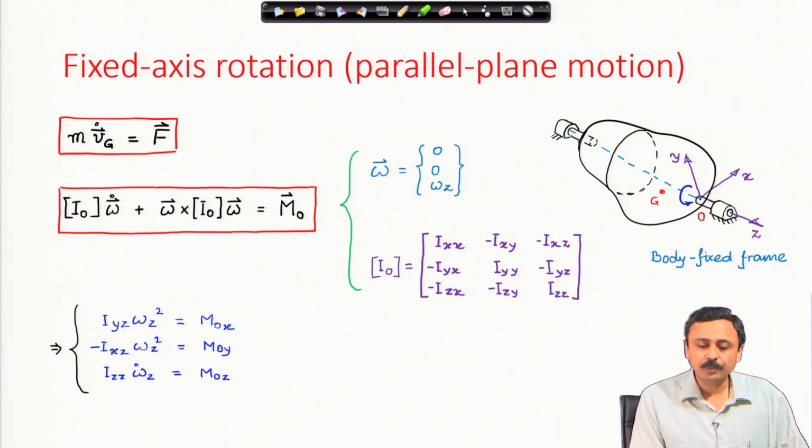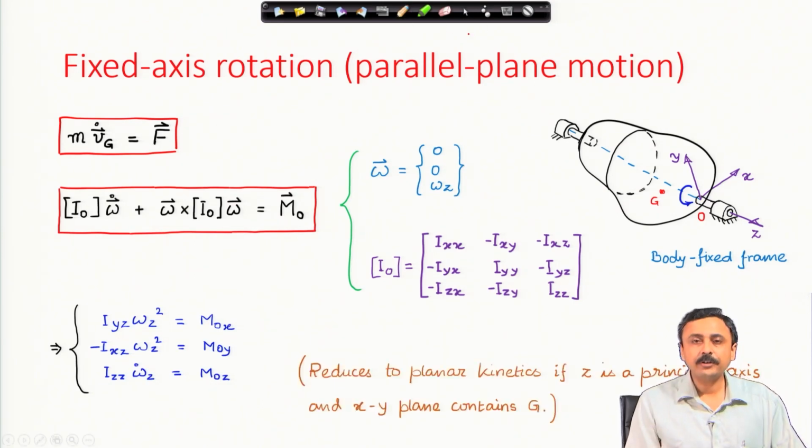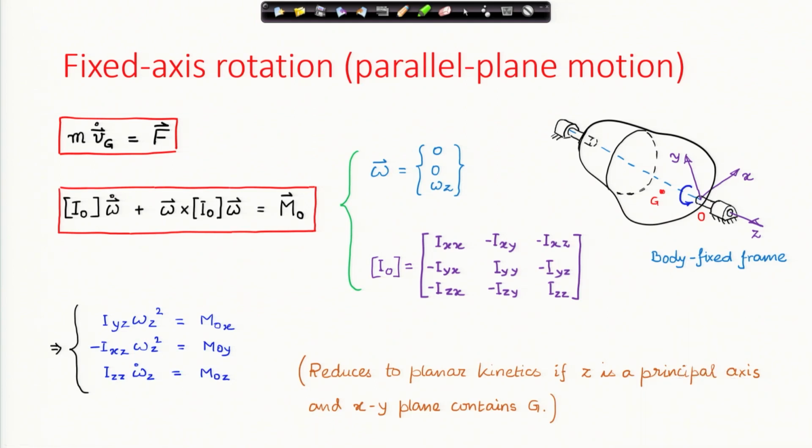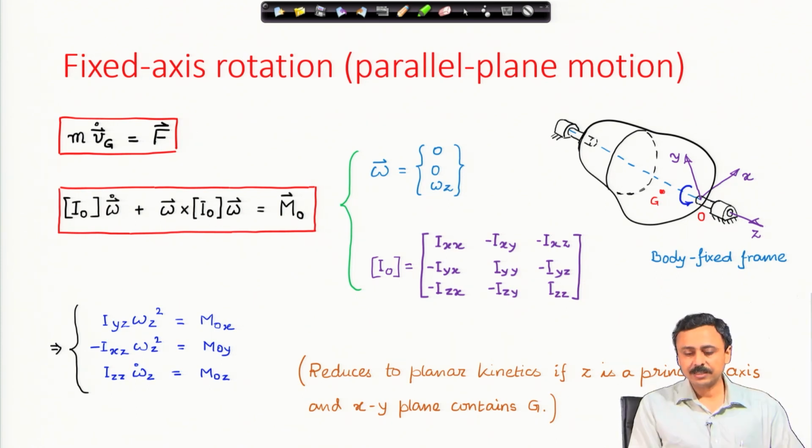but it can reduce to planar kinetics. Under what conditions can it reduce to planar kinetics? It can reduce to planar kinetics if z is a principal axis and the xy plane contains G. Remember, we always said this while discussing planar kinetics, that G must be contained in that xy plane.